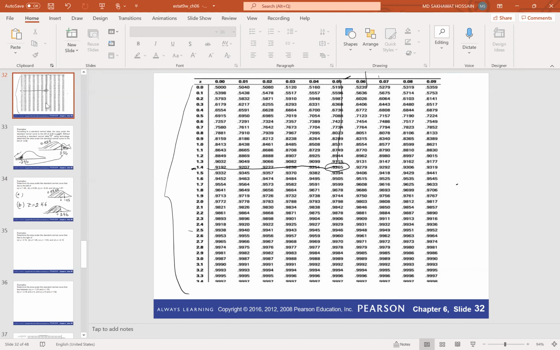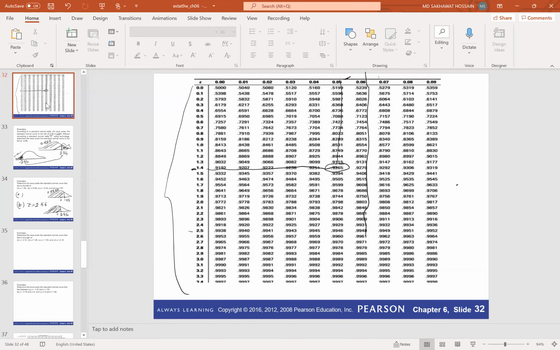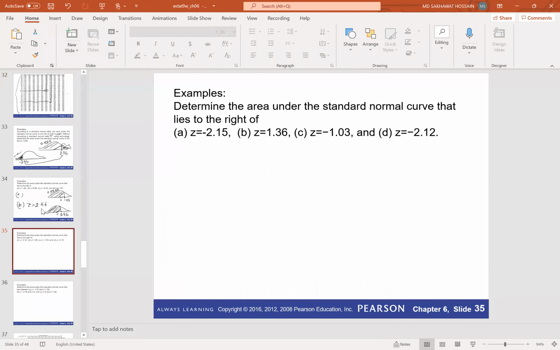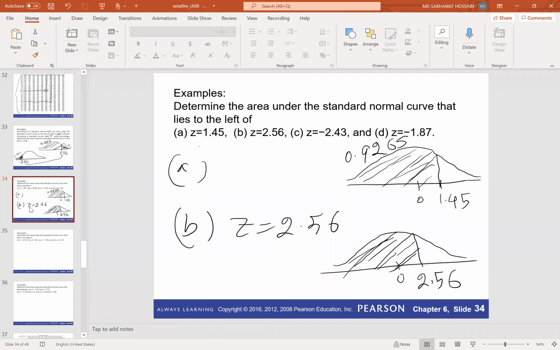So that means here and here. So 0.9948. So the area is 0.9948.